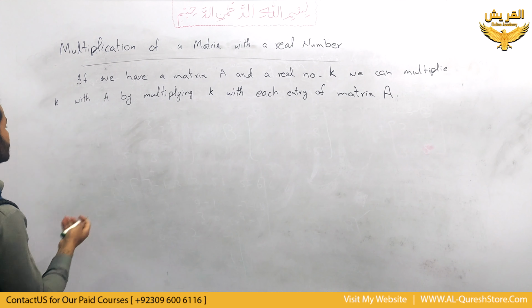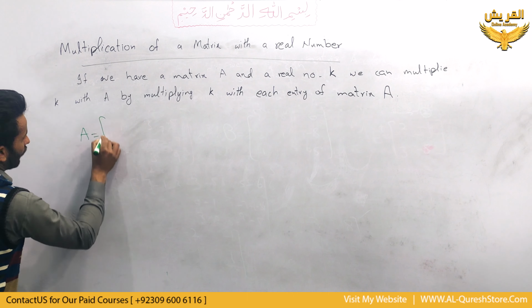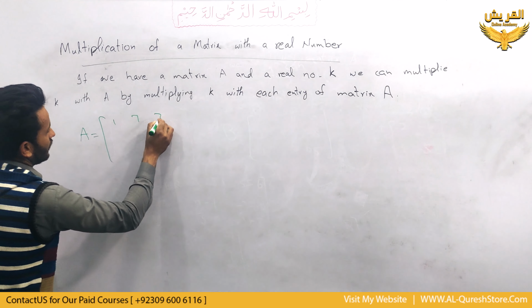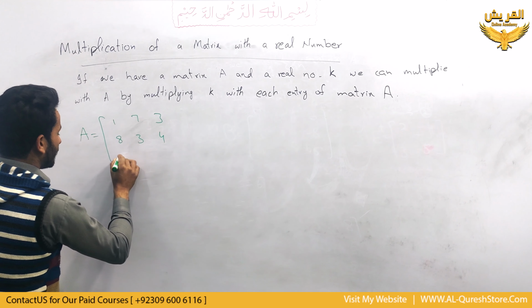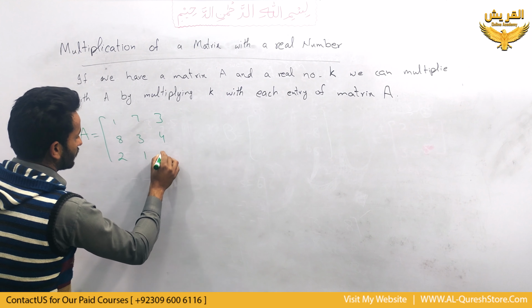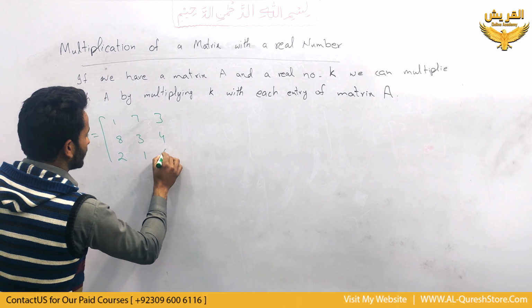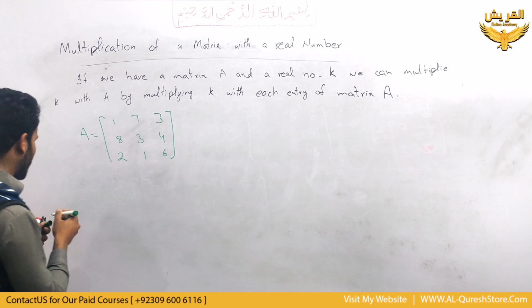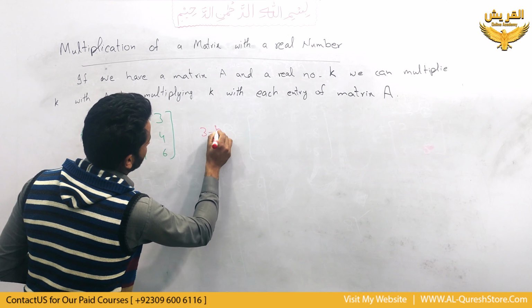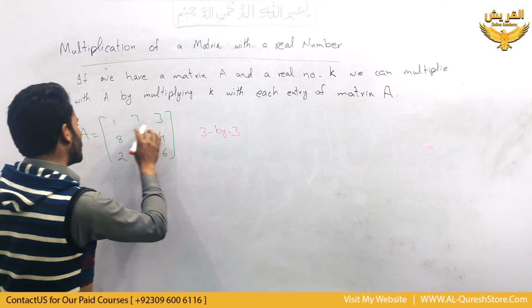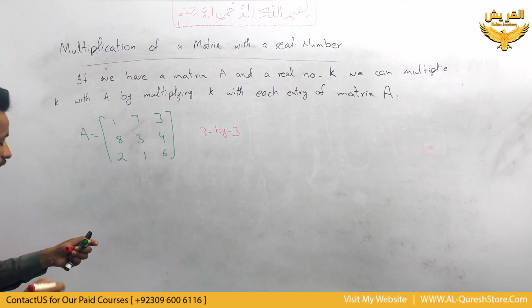Suppose we have a matrix A: 1 7 3, 8 3 4, 2 1 6. It is a matrix of order 3 by 3, as it has 3 rows and 3 columns.